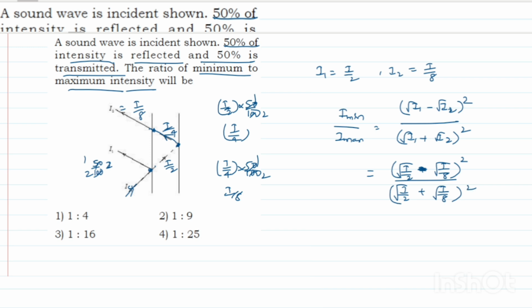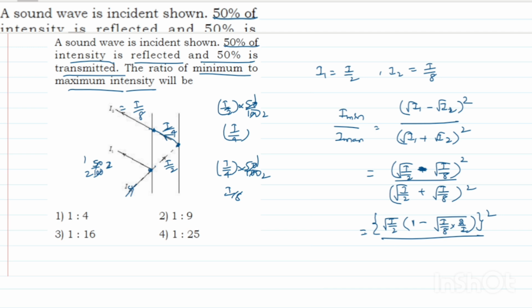Now when simplifying, we take root I by 2 common. In the numerator we get 1 minus root of I by 8 into 2 by I, whole square.